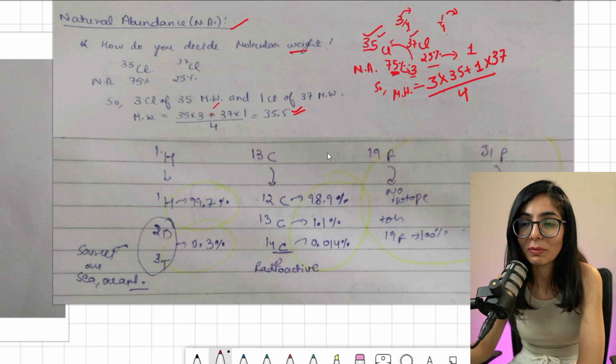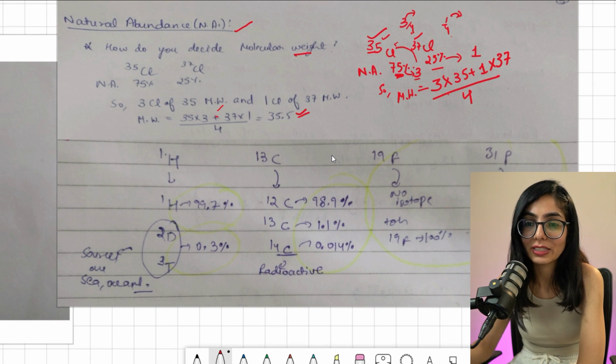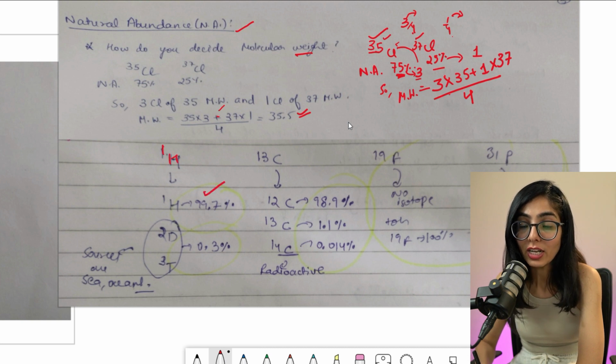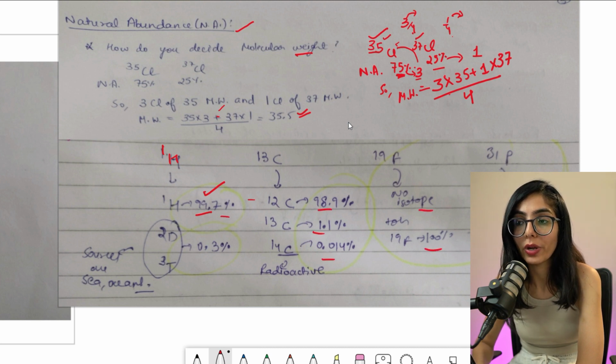So there is natural abundance. I was talking about natural abundance. Let's go to that. So natural abundance of hydrogen is 99.7%. I've written it over here. This is very important, guys. You should know all these abundances. Just learn them. It's very important. You'll find them very effective when you will be doing mass spectrometry. So in deuterium it is 0.3%, and sources are sea and ocean.